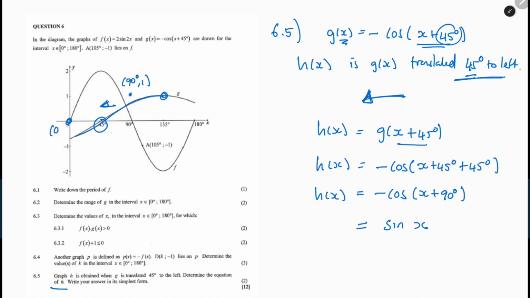This point here is 0, 0. So you've got something that looks like this, and it's going to come down to 180 and then continue. If you look at the graph again, you can recognize that that is actually just the sine graph. And that's how we know in its simplest form, H of x looks like this.